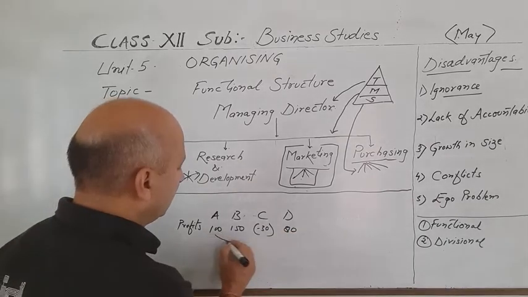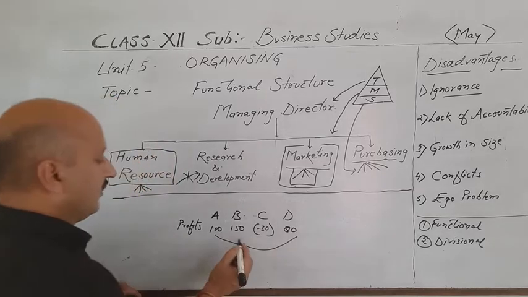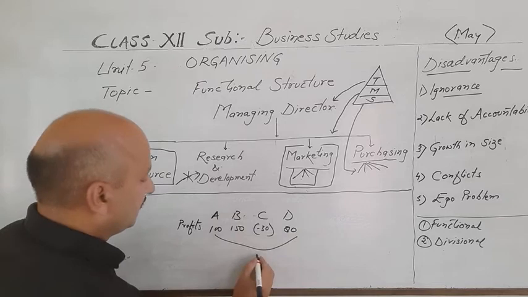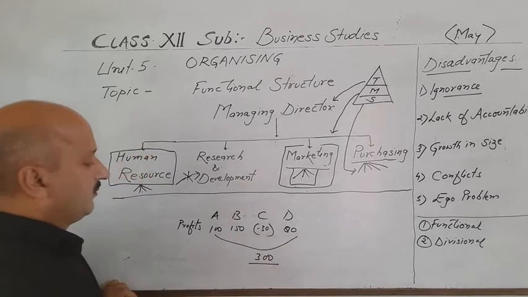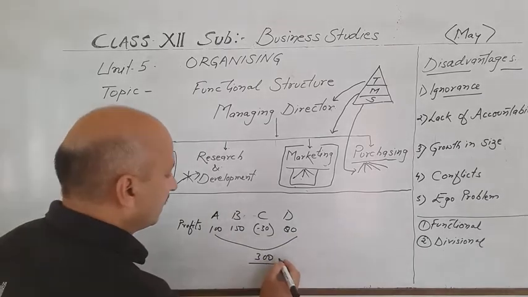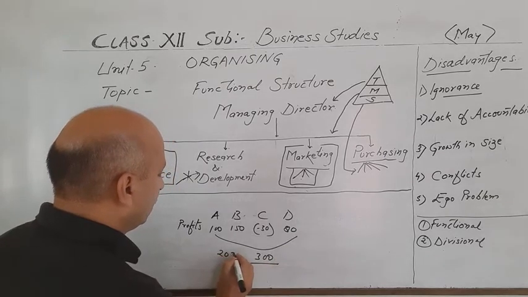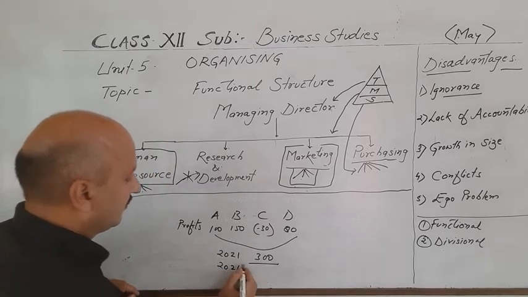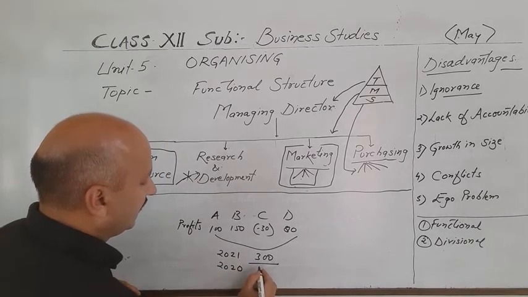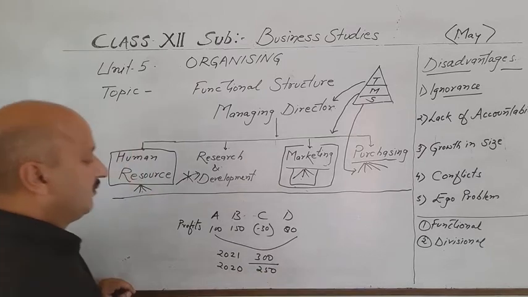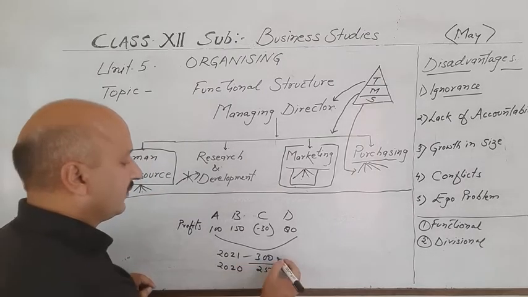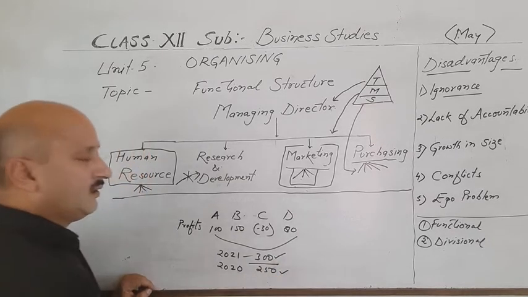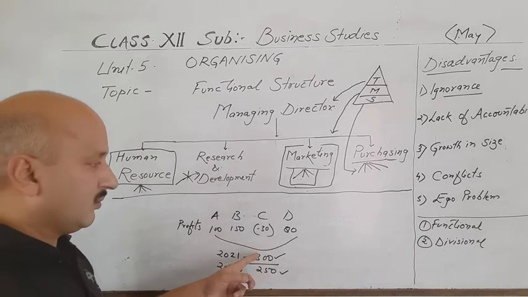Now combined these profits will be 300 for 2021. In 2020 it may be 250. So for the current year we have a profit of 300. Last year we had a profit of 250. It means the company is growing.